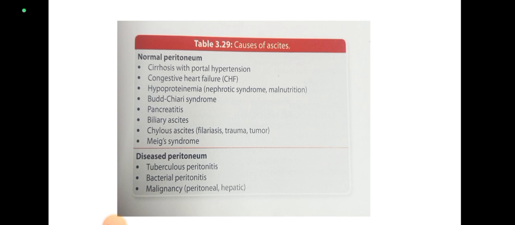Causes for ascites in normal peritoneum may be cirrhosis with portal hypertension, congestive heart failure, hypoproteinemia, Budd-Chiari syndrome, pancreatitis, biliary ascites, chylous ascites, and Meigs syndrome. Diseased peritoneum: tuberculous peritonitis, bacterial peritonitis, and malignancy.